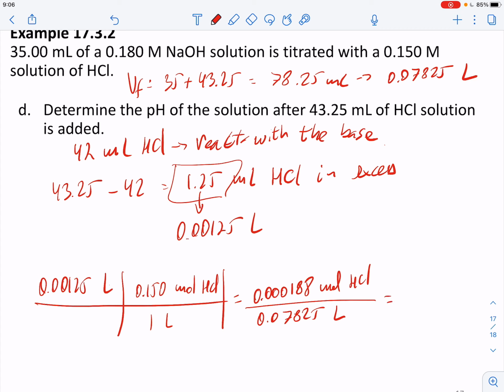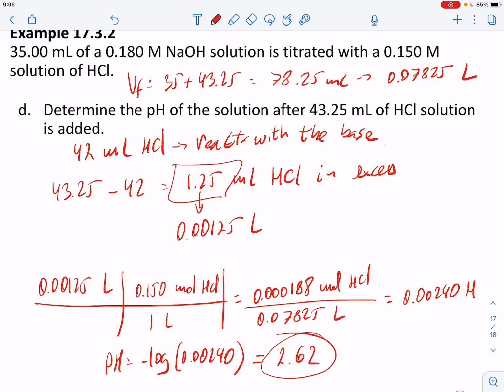So the final concentration is 0.00240 molar, and the pH is minus log of that number, 0.00240, and this is equal to 2.62.